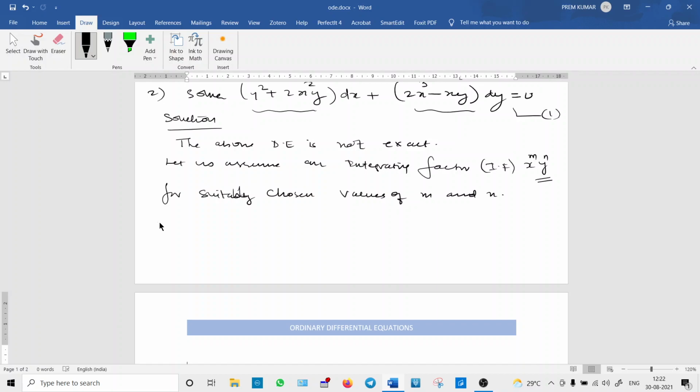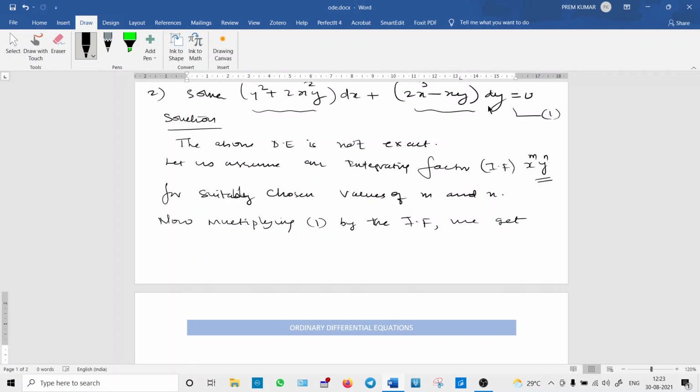Multiplying equation 1 by the integrating factor, we get the resulting equation.